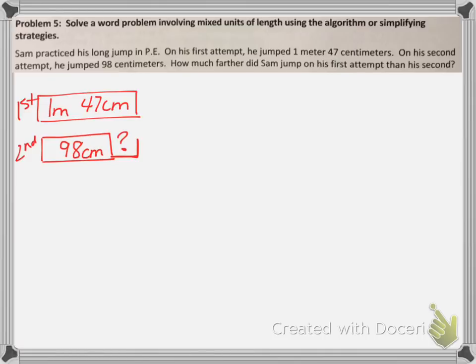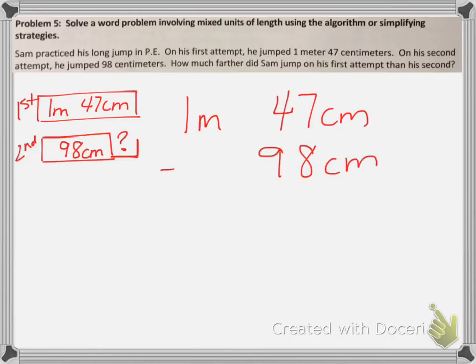Now, like I said, there's multiple ways that we can do this. I'm going to go ahead and do the way where 1 meter 47 centimeters minus 98 centimeters. Okay, now you'll notice right away I can't do this.